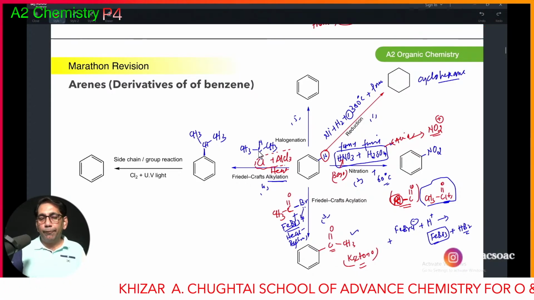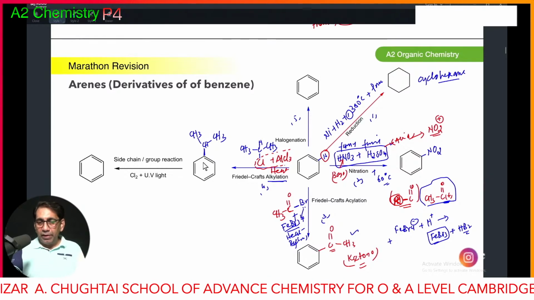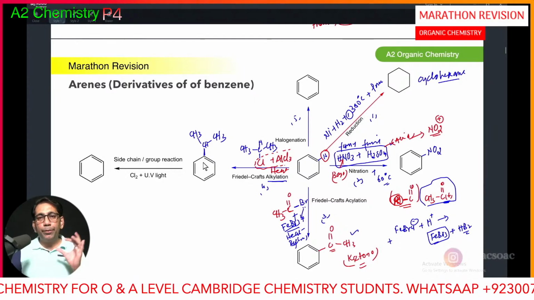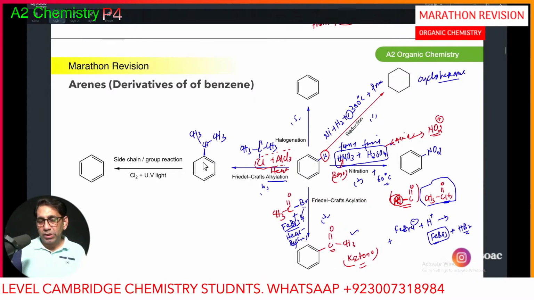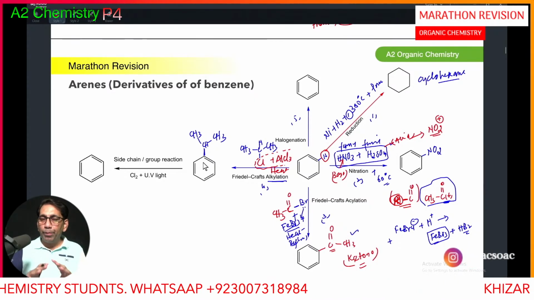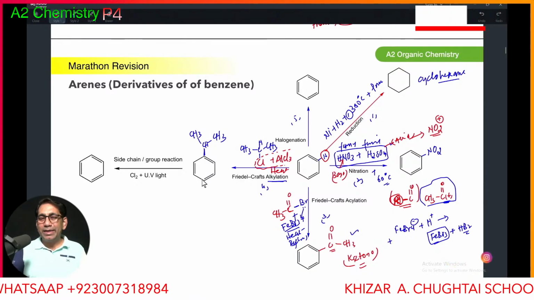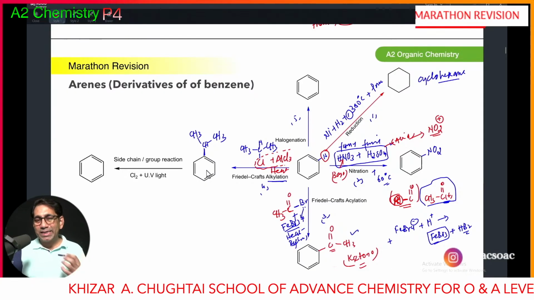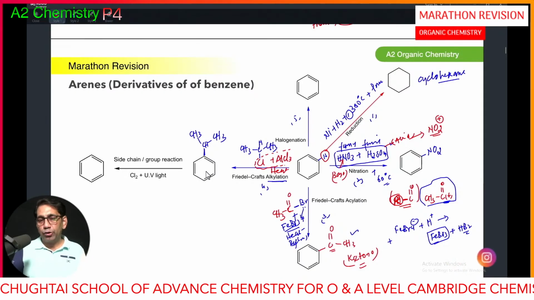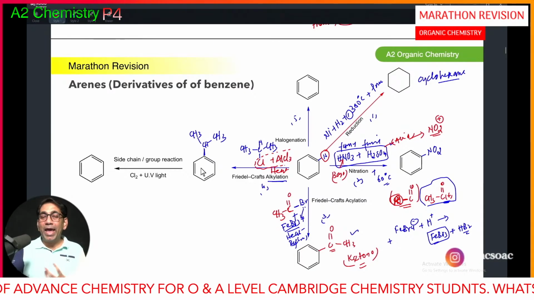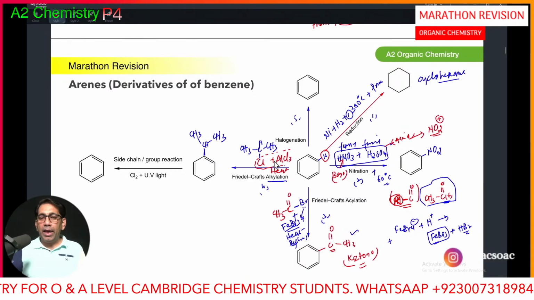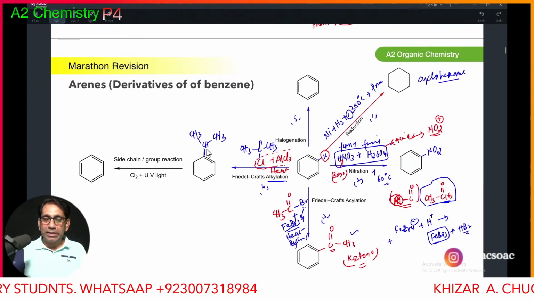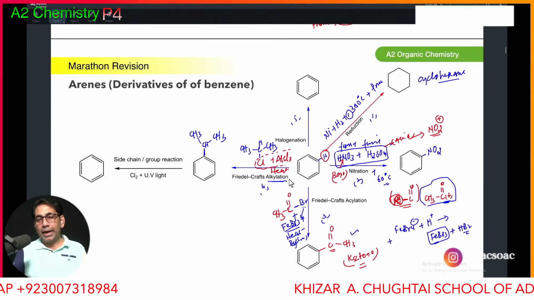So this carbon will get one positive charge, and this benzene will react with the positive charge, because benzene exclusively reacts with positive ions, with partial positive ions or with complete full-fledged positive ions, because benzene is an electron-rich molecule. It has extensive delocalization of pi electrons, so it will happily react with the positive ion, and in this way we can make an alkyl benzene. So this is called alkylation.